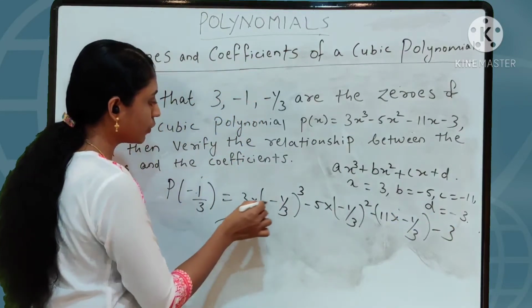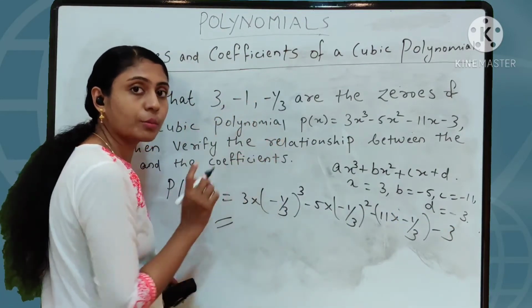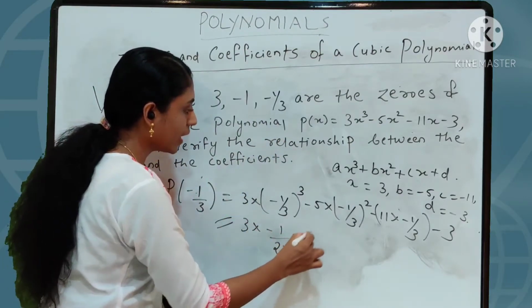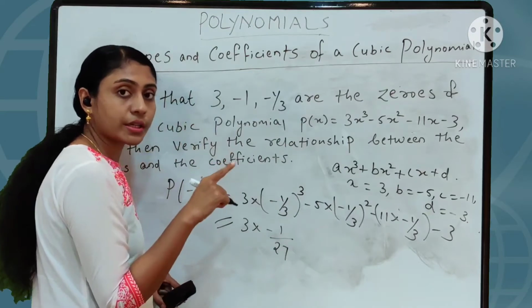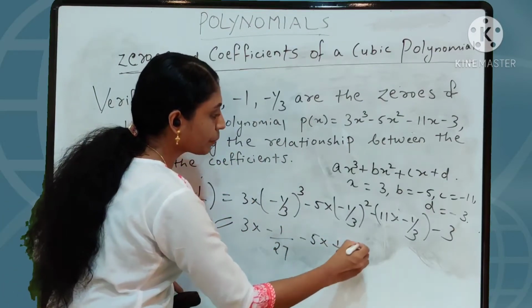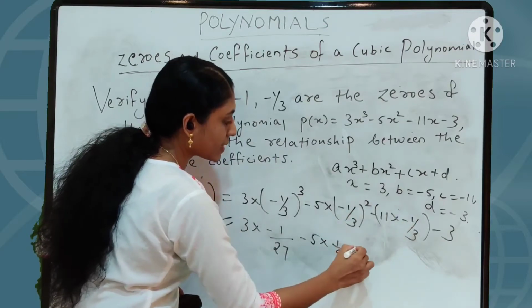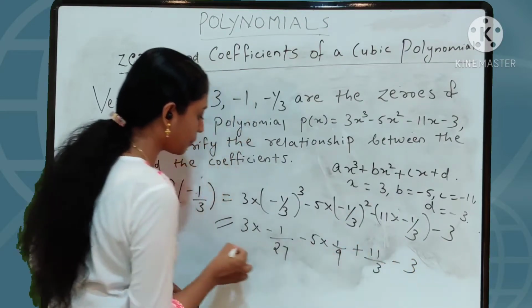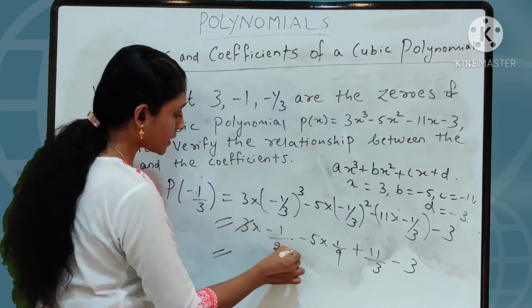So what is the value? Minus 1 by 3 the whole cube is minus 1 by 27. So 3 into minus 1 by 27, and minus 1 by 3 the whole square is plus 1 by 9. So minus 5 into plus 1 by 9, minus 11 into minus 1 by 3, that is plus 11 by 3, minus 3. So here 3 and 27 get cancelled.